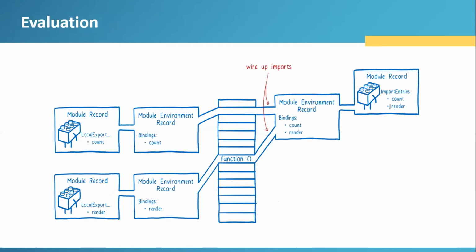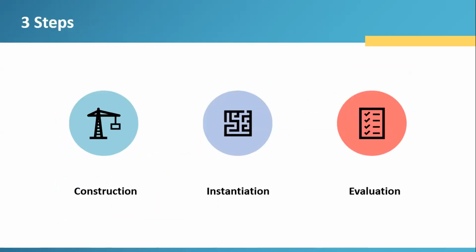Once we are done with the wiring up of imports and exports, we just go and run the code, and that's how we get the value 5 in the memory location of count, and we use it in our main.js file and do a console log on that. So that's how the ES6 three stages work under the hood.